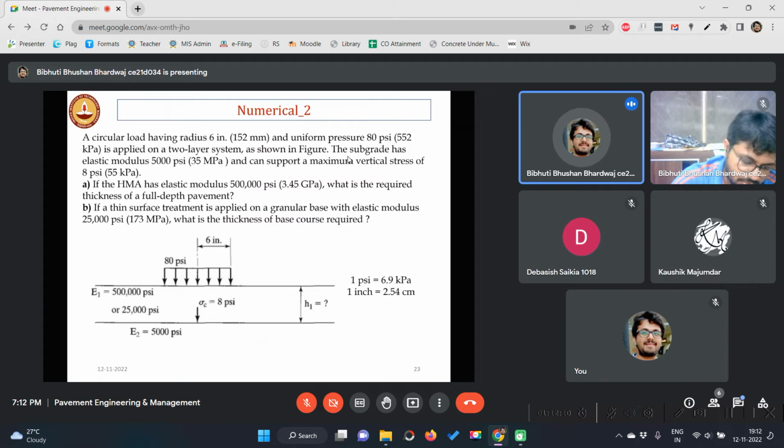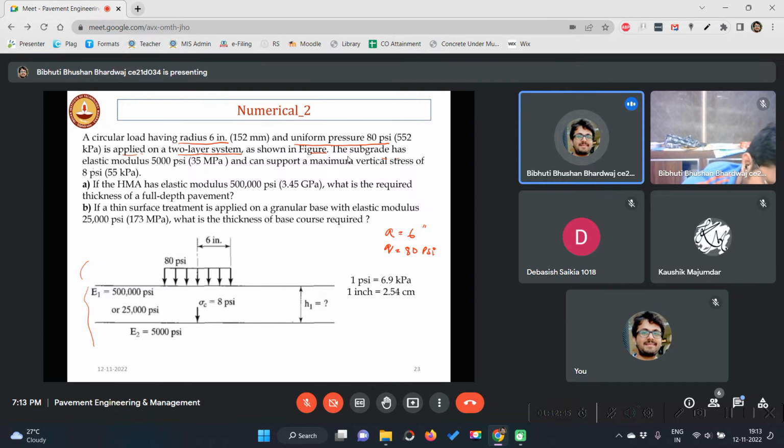Alright, let's do a numerical. Let's understand the question and write down the information given. A circular load having radius 6 inches, so directly you can write a is 6 inches. A uniform pressure q of 80 psi is applied on a two-layer system, as shown in the figure.